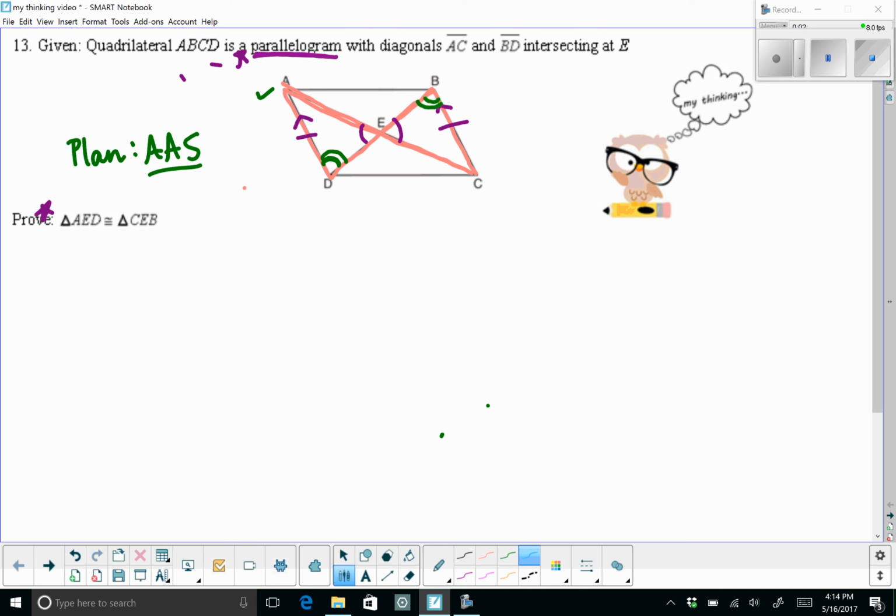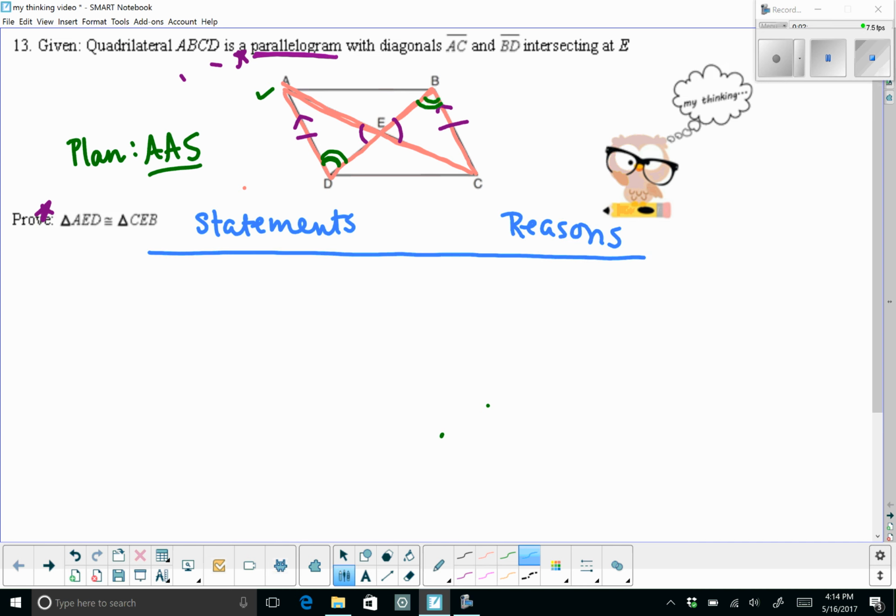So now I'm ready to start writing this proof. I set up my statements. I'll set up my reasons. And in the first line, of course, always goes our givens. So a lot of people ask, can I just write like ABCD as a parallelogram? You don't want to cut corners on the givens. You want to make sure you're getting your full credit for being as thorough as you can be.